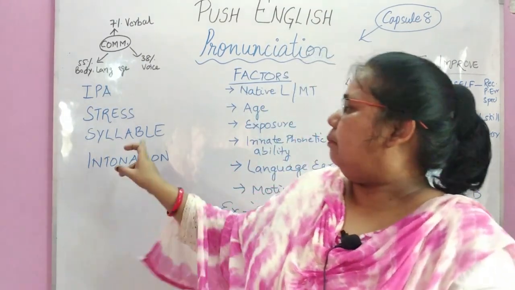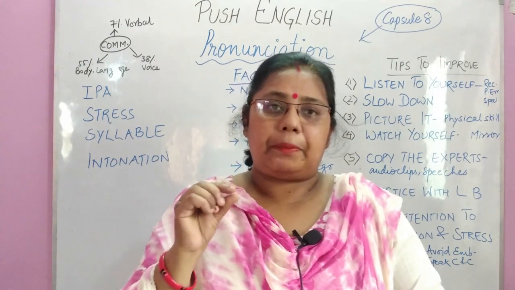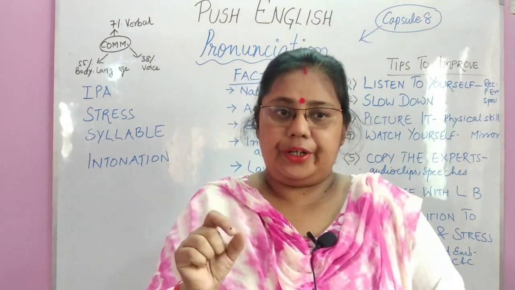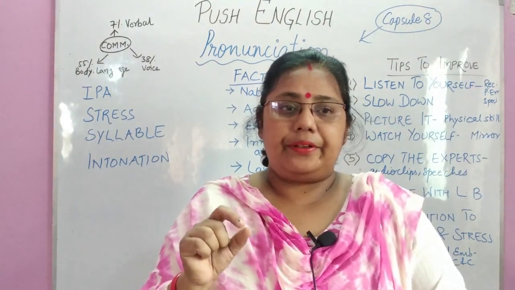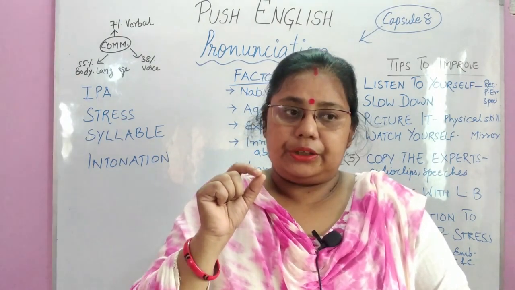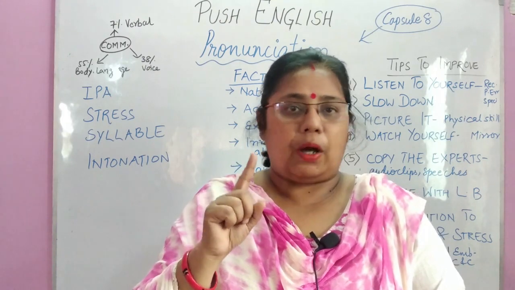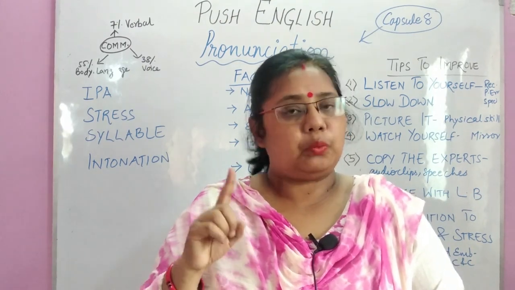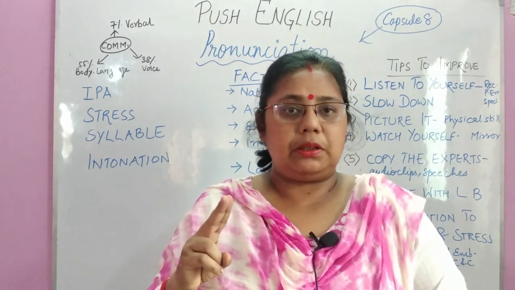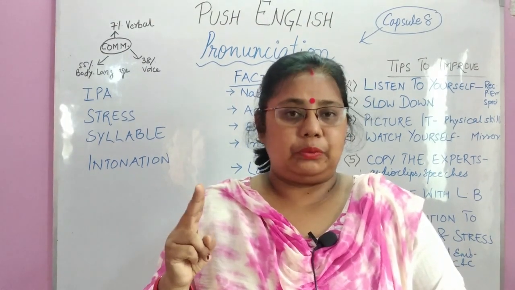Then comes syllable. Now syllable is that particular word or a part of word which is there in the word, and you know that it contains one vowel sound. So one syllable means one vowel sound is there. 2 syllable word means 2 vowel sounds are there.